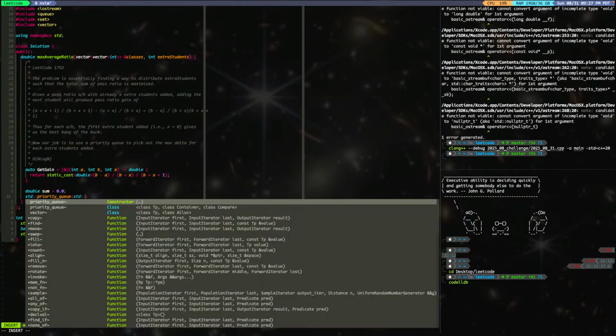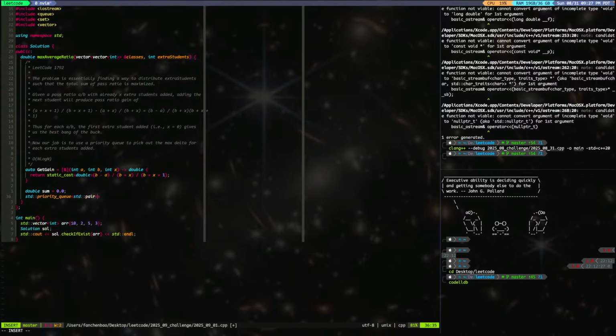We're going to do a pair of double, which is the gain, and then we need an int.